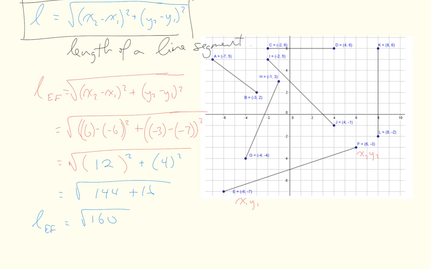And if I actually report what it is approximately by punching it into my calculator, let's see, the square root of 160. I get, my calculator tells me, oh, it's a smart one.